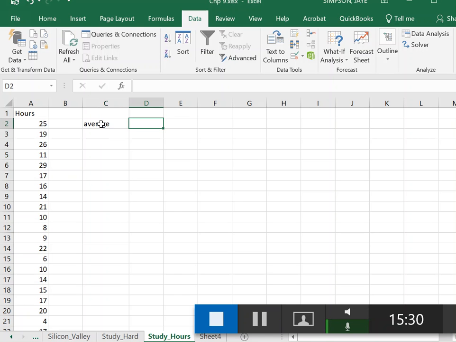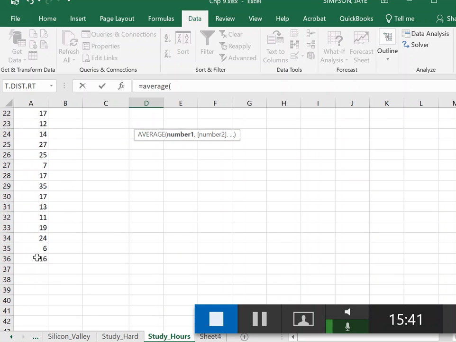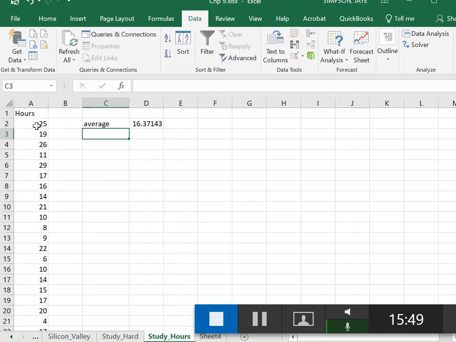I know that we know how to calculate the average, but just to be complete, let's do it. Our data goes from A2 all the way through A36 because we have 35 items in our sample. So I'm going to say the average of A2 through A36, and that gives us the average that we were given before of 16.37143.